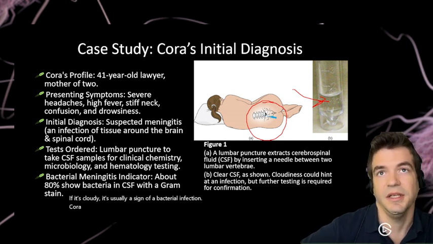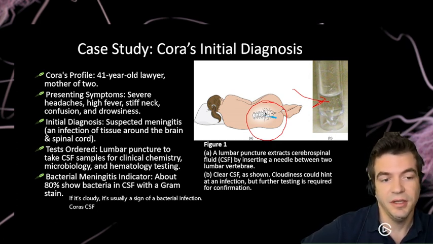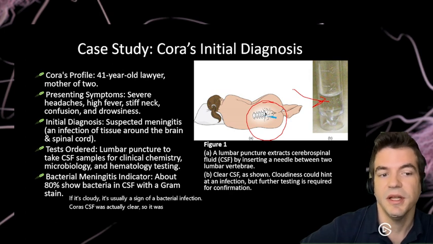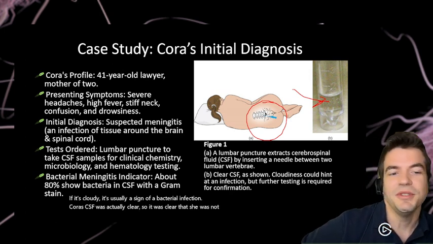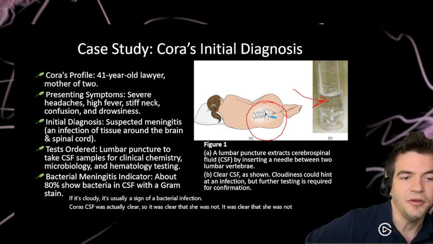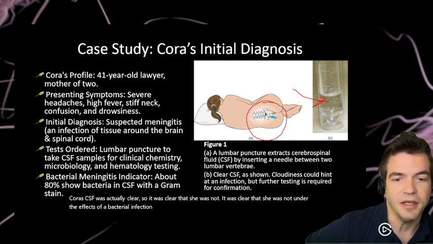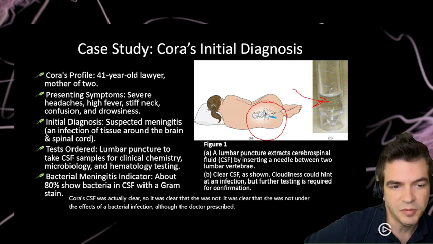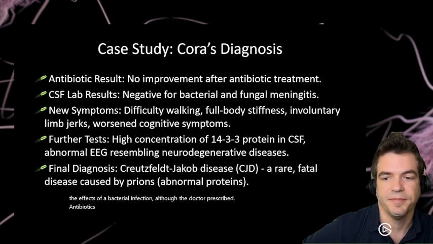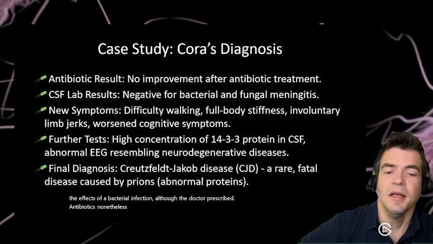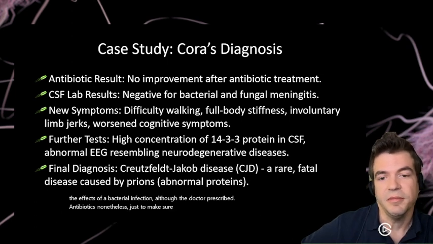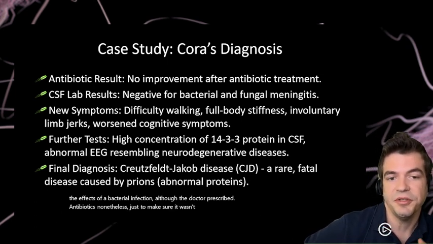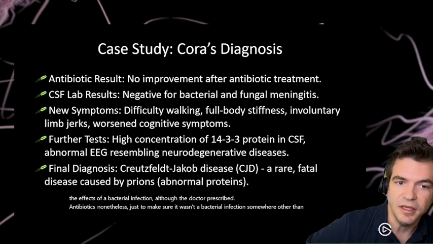Cora's CSF was actually clear, so it was clear that she was not under the effects of a bacterial infection, although the doctor prescribed antibiotics nonetheless, just to make sure it wasn't a bacterial infection somewhere other than in the CSF region.